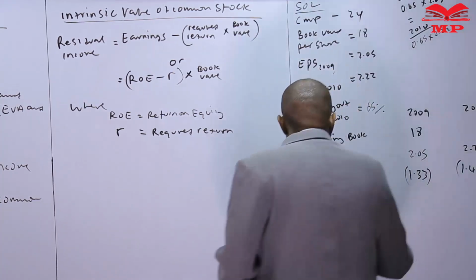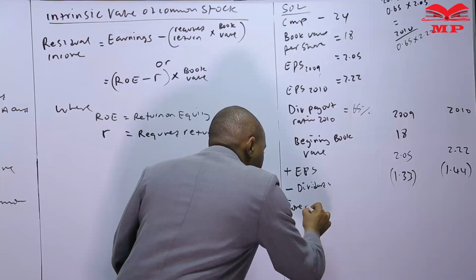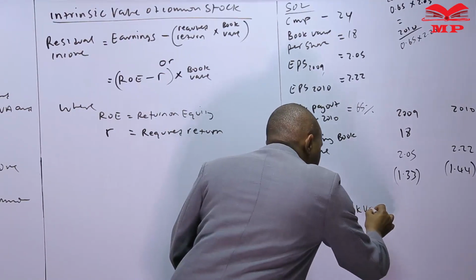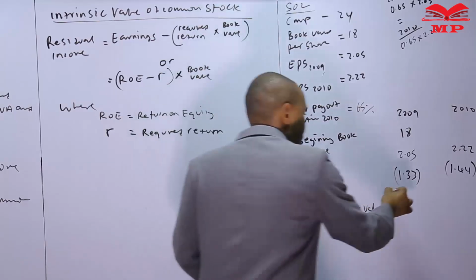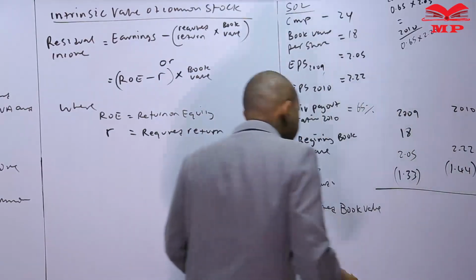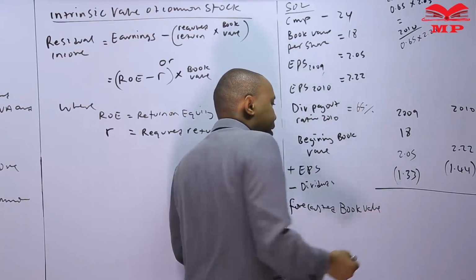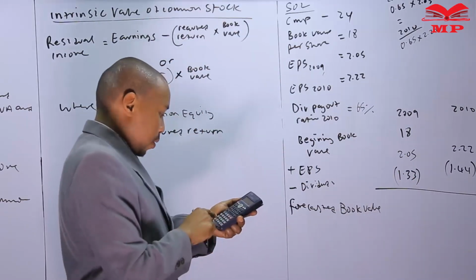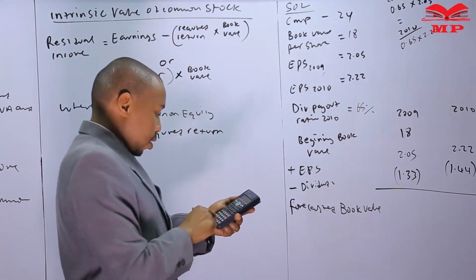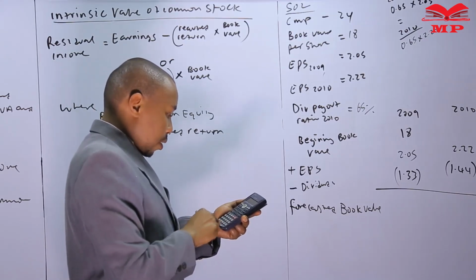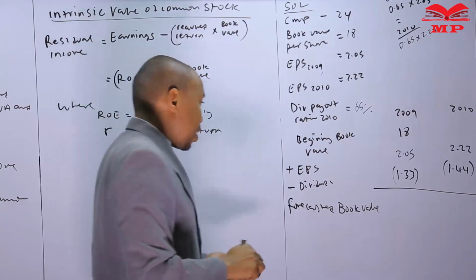So here we have the forecasted book value. We just draw a line like that. 18 plus 2.05 minus 1.33, how much do we get? 18.72.